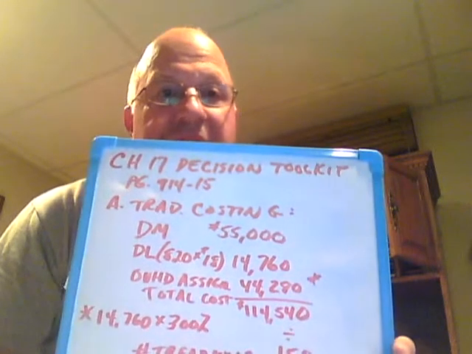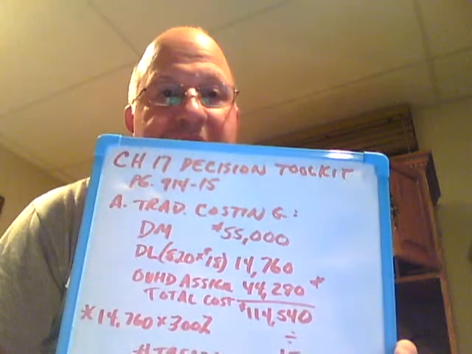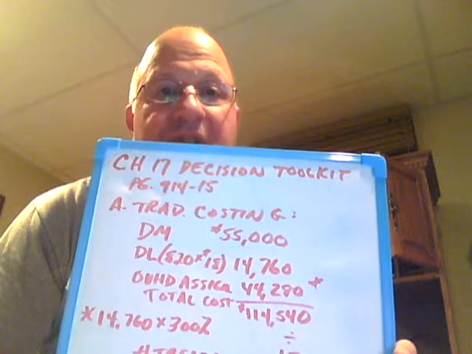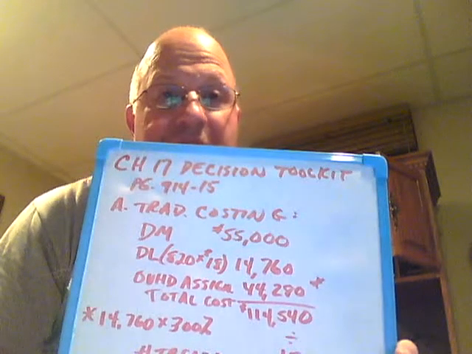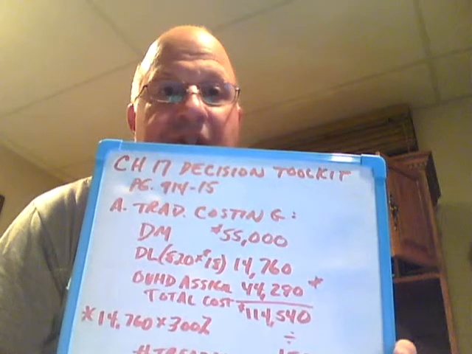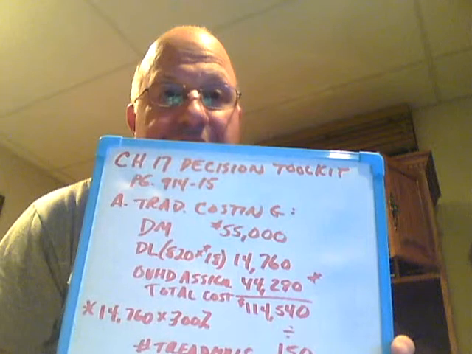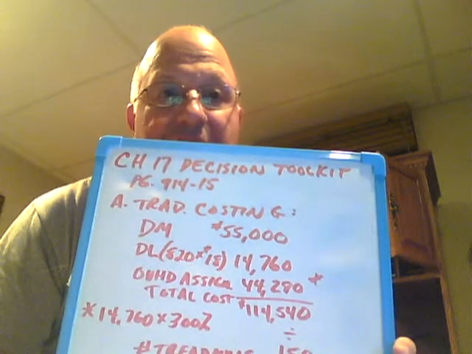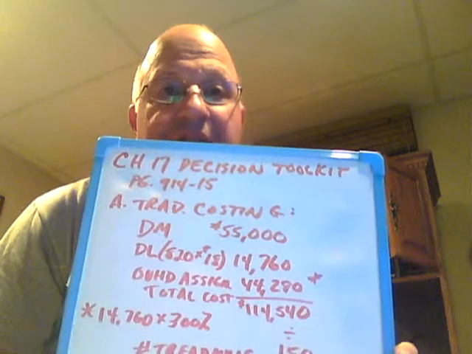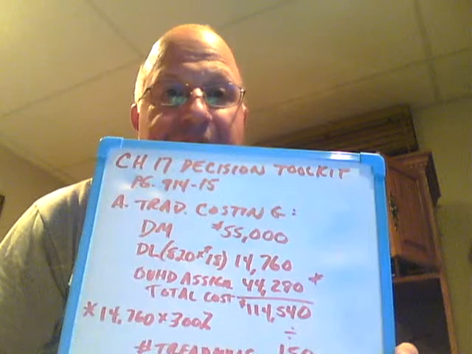So in figuring the overhead cost using the traditional method, basing it on direct labor cost, what we needed to do is first of all figure the direct labor cost, which again was the 820 times 18 or $14,760, multiply that times the overhead rate that we were given of 300%, which is basically the same as multiplying it times 3, and that gives us an overhead assigned cost of $44,280.